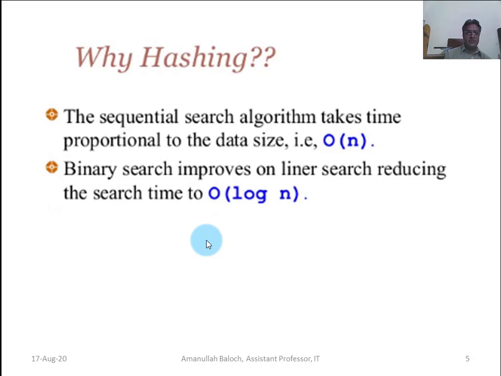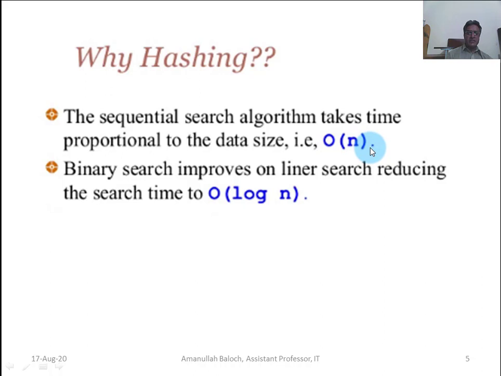Why hashing? Now we are going to start our topic, hashing. Why are we using hashing? What is the importance of hashing? The sequential search algorithm takes time proportional to the data size, that is O(n).